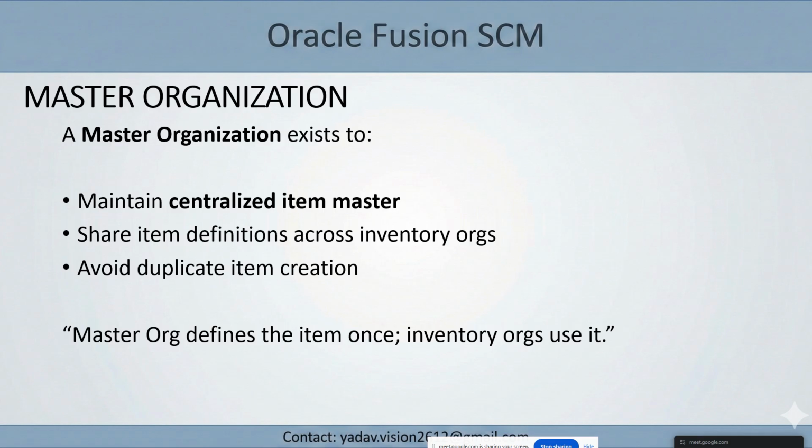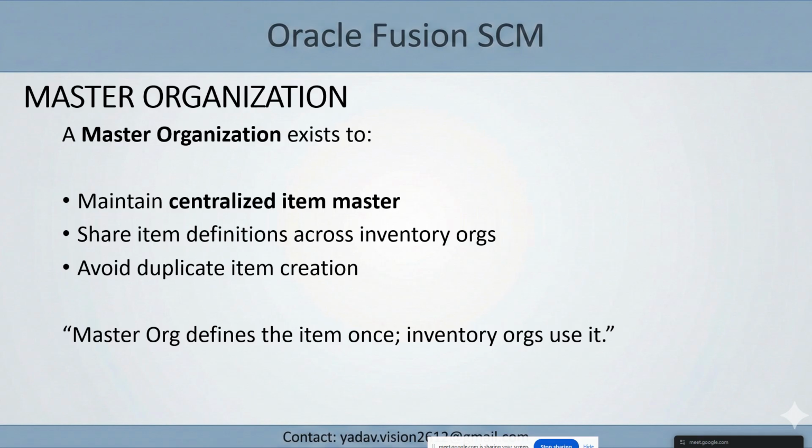Maybe they maintain one or two different items, but most remain the same. So all these items get stored under the master organization. The master organization's items are associated with the different child organizations, so the child organizations can utilize those items. Clear, team?